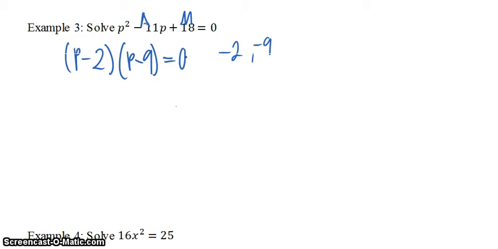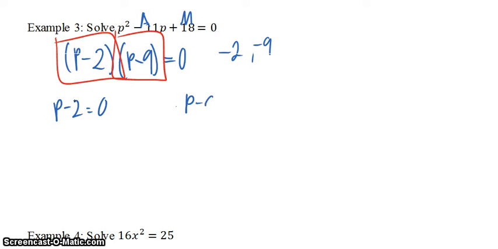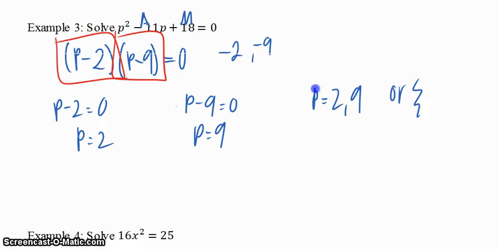So now we have our two factors right here. We're going to set them both equal to 0. So p minus 2 equals 0, and p minus 9 equals 0. So we know that's going to be p equals 2, p equals 9. So our answer is p equals 2, 9, or 2, 9. So those are our answers.